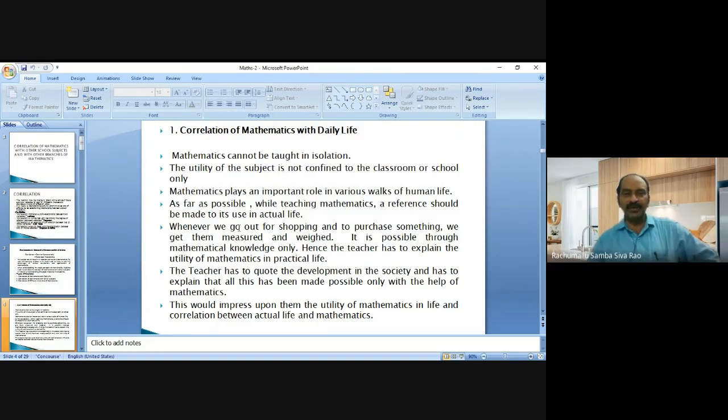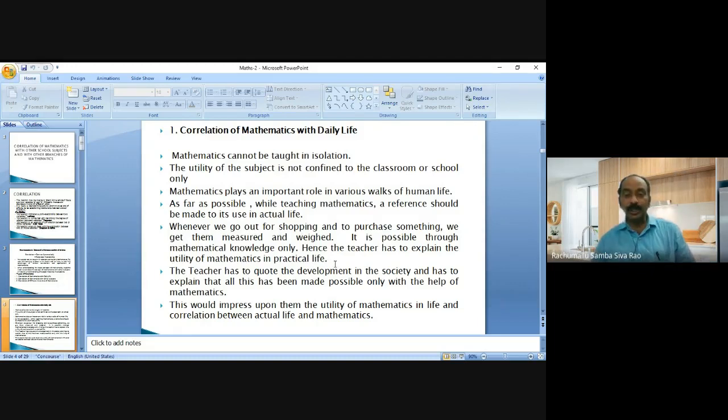So whenever we go out for shopping, we get things measured and weighed. It is possible through mathematical knowledge only. Hence, the teacher has to explain the utility of mathematics in practical life. While teaching the concepts, a teacher has to explain the use of particular concepts in practical life.